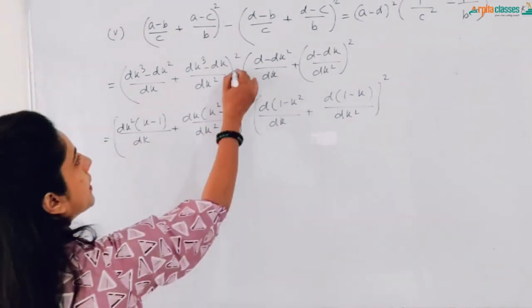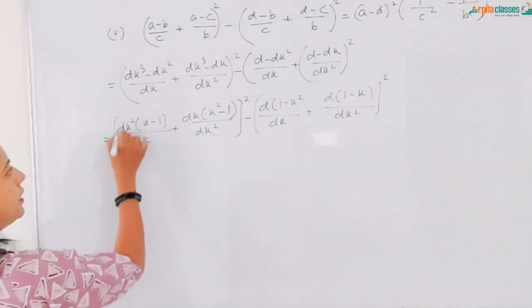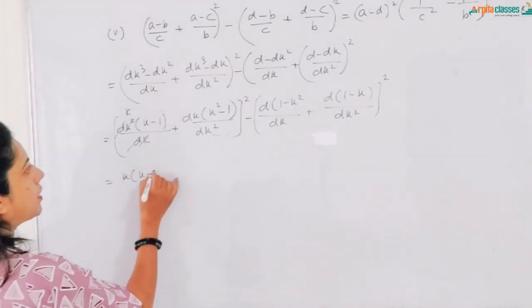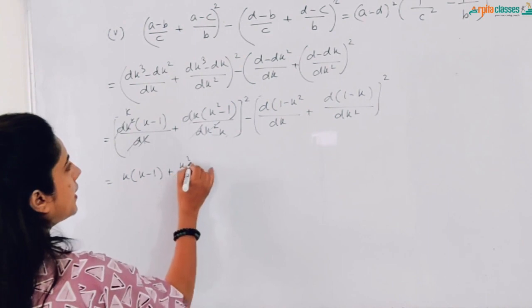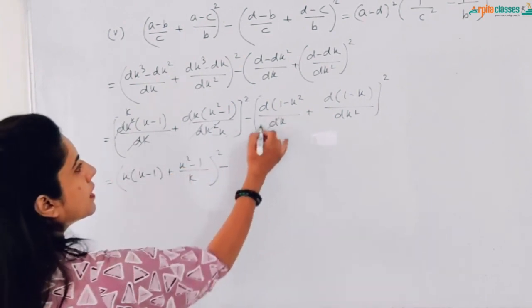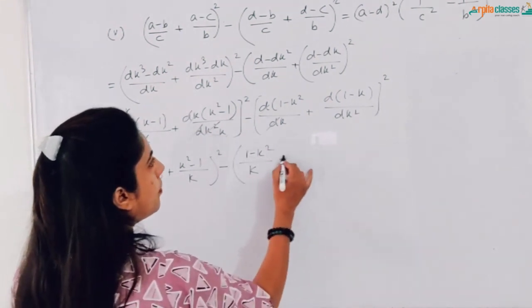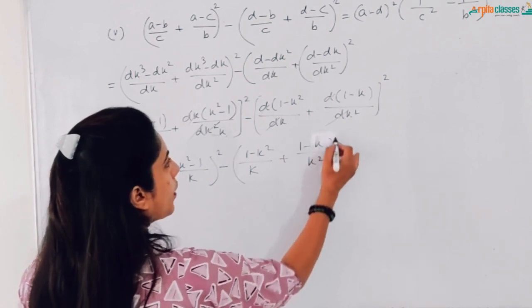There is a minus sign over here. So now d, d, this is k. So k going to k minus 1. d, d gets cancelled. This is k. K square minus 1 upon k whole square minus, this is 1 minus k square upon k plus 1 minus k upon k square.